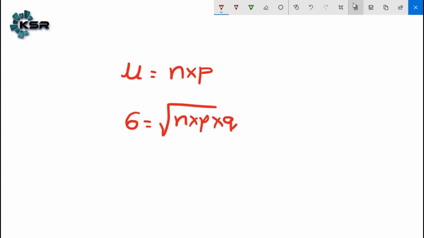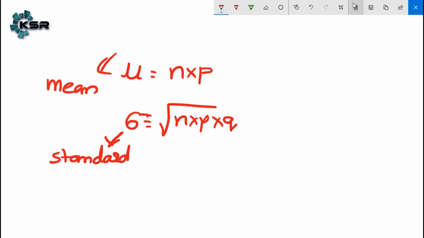N is the number of trials, p is the probability of success, q is the probability of failure. Mu is the mean, sigma is the standard deviation.